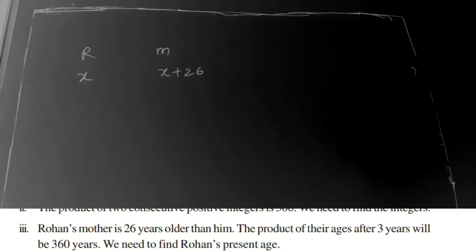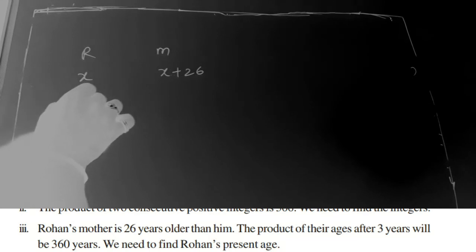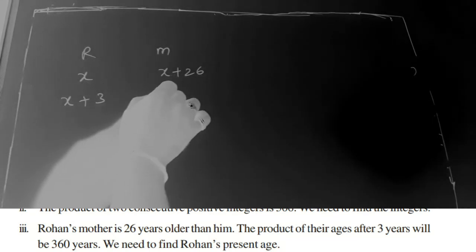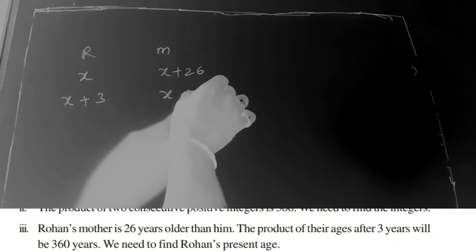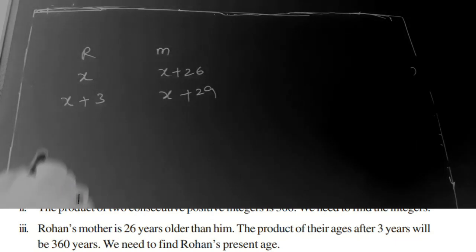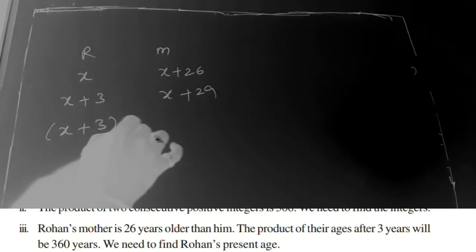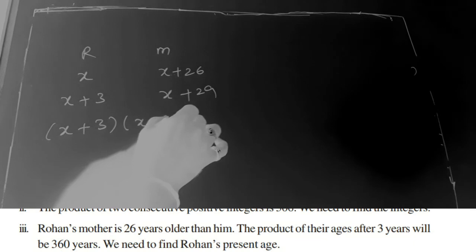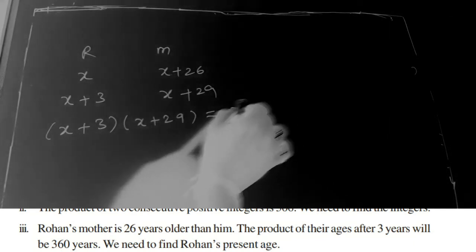The product of their ages after 3 years will be 360. After 3 years, the age of Rohan will be x plus 3. After 3 years, the age of his mother will be x plus 29. So its product, x plus 3 into x plus 29, equal to 360.